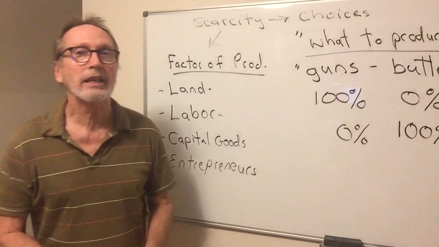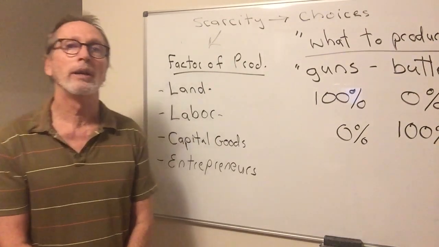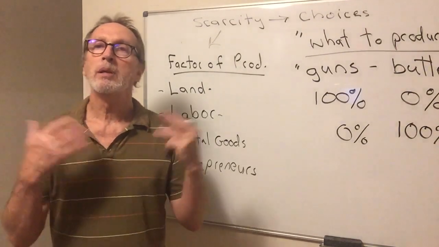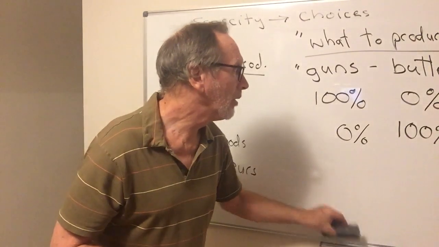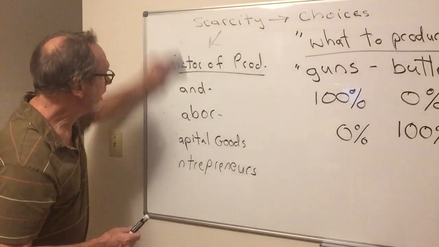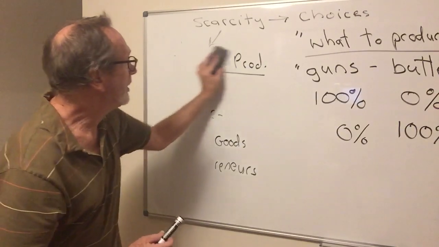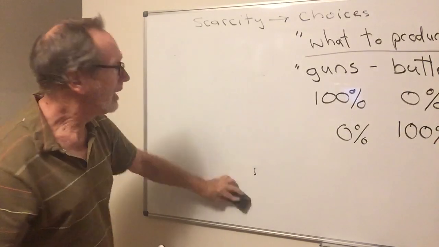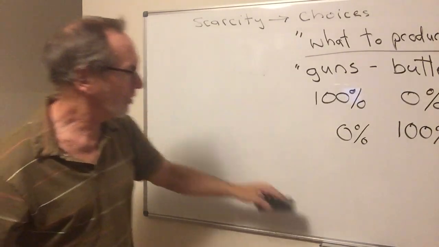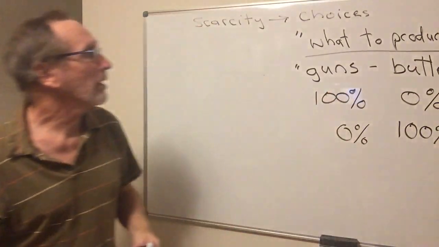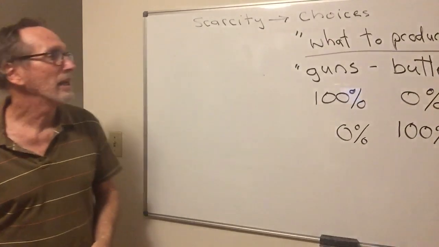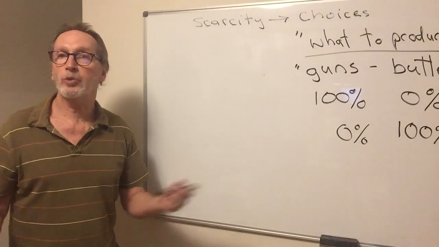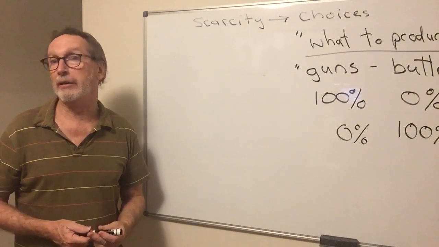So what I'd like to do now is make a chart and quantify this a little bit in terms of, if we did one, what would be the opportunity cost, right? If we decided to do fewer guns and more butter, how many guns do we give up to make more butter, so to speak.